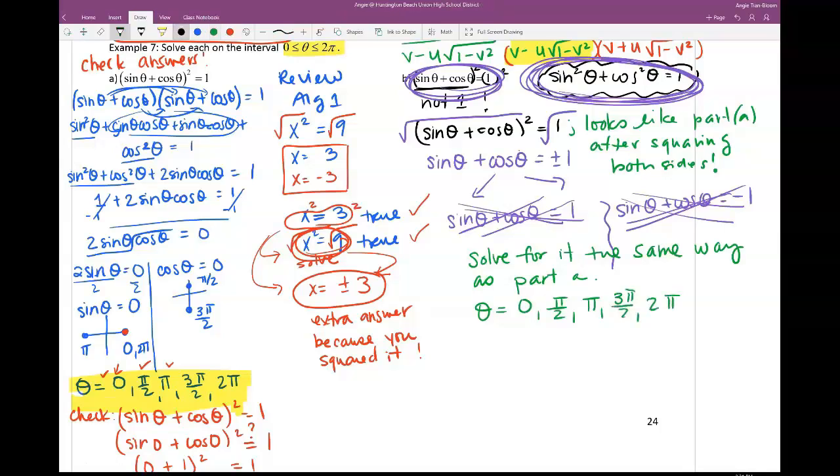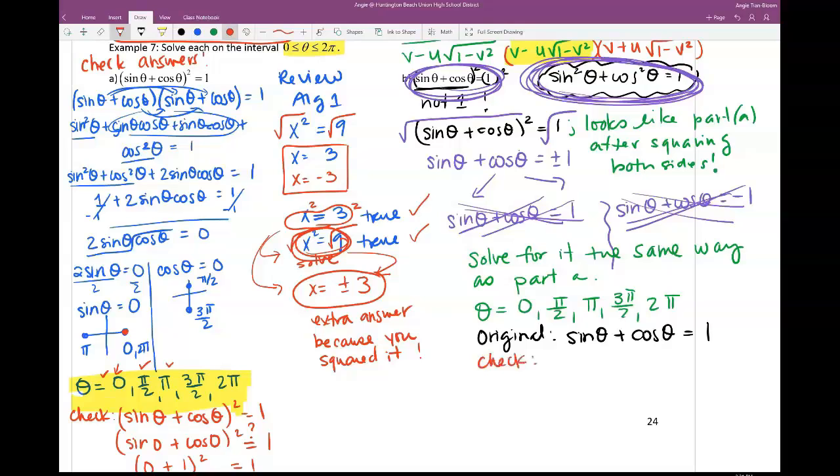But keep in mind your original equation, okay? The original equation was sine of theta plus cosine of theta equals 1. We squared both sides so that we can manipulate the equation to solve, but that's not the original. When you check, you need to go back to the original, okay?